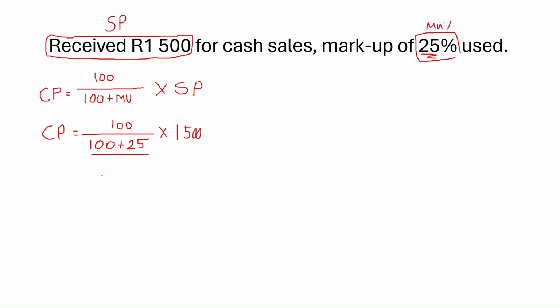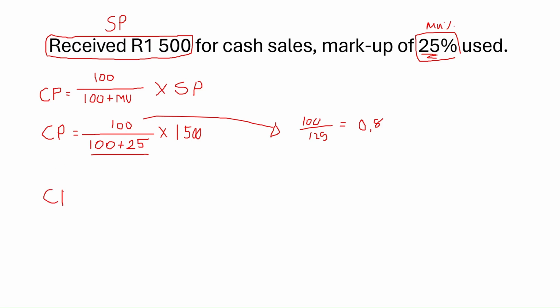So I'm just going to cut to the chase and say that this is 100 over 125, which I'm pretty sure gives us 0.8. Let me just check. 100 divided by 125. Yes, 0.8.